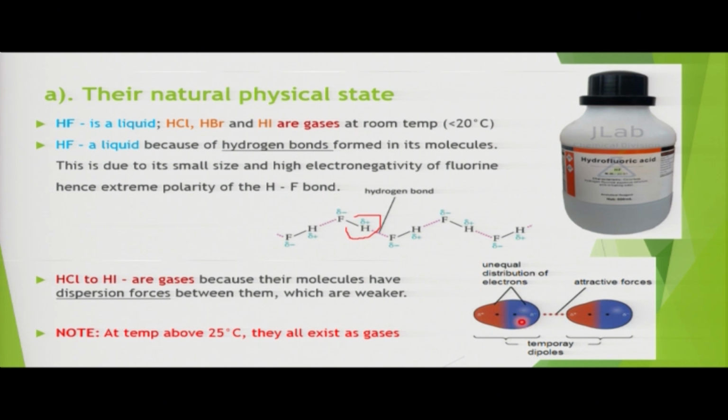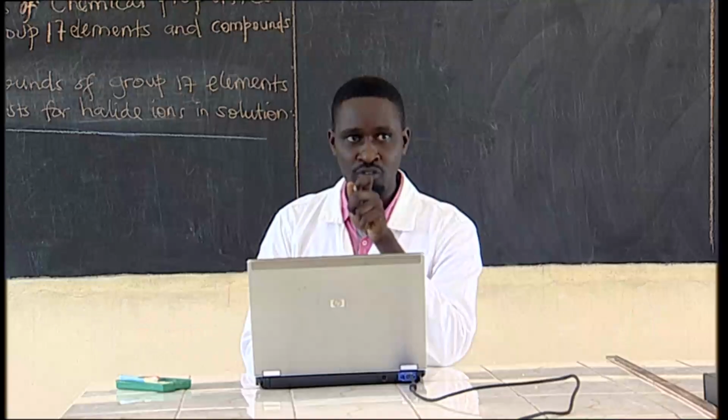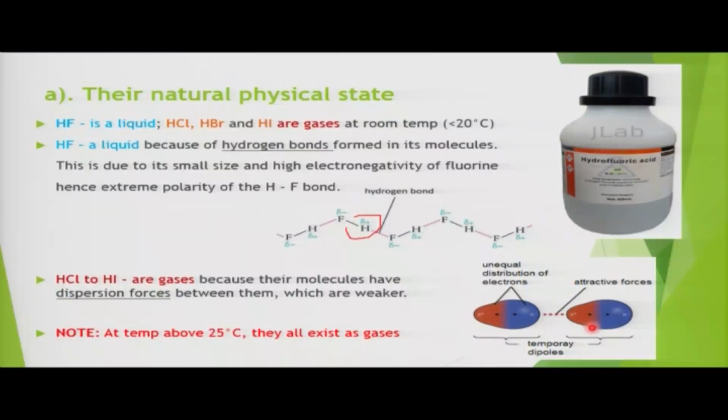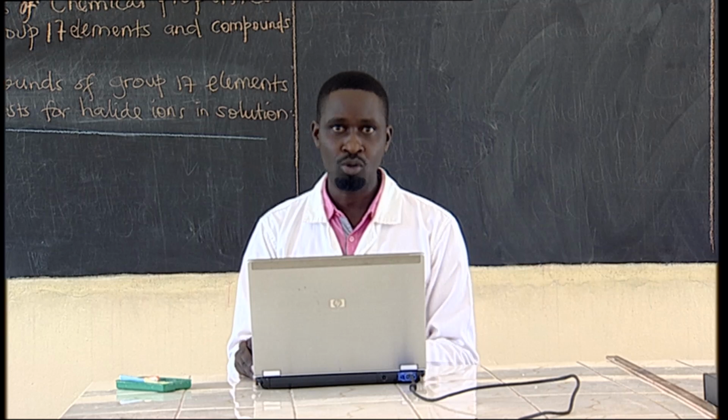The point to note in here is, due to the high value of electronegativity of fluorine, it creates hydrogen bonds, whereas in there it's simply dispersion forces. And the point to note at the end, above 25, they all exist as gases because you've noticed that hydrogen fluoride has a boiling point of 19.9. So above 20, it will be a gas.